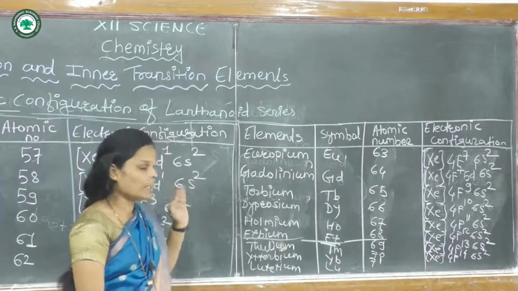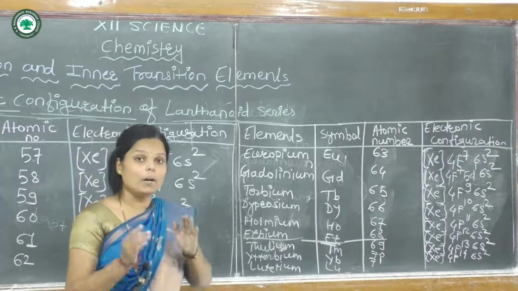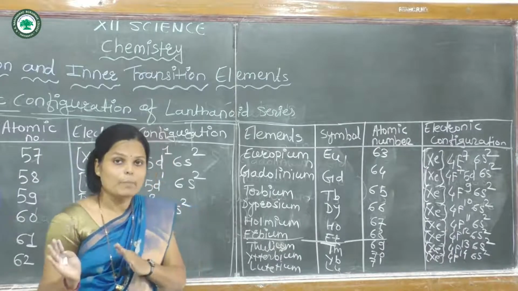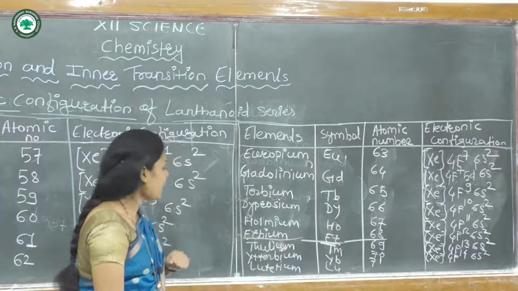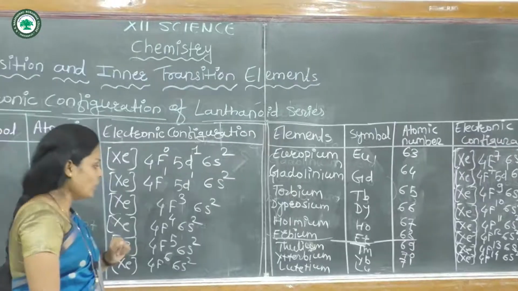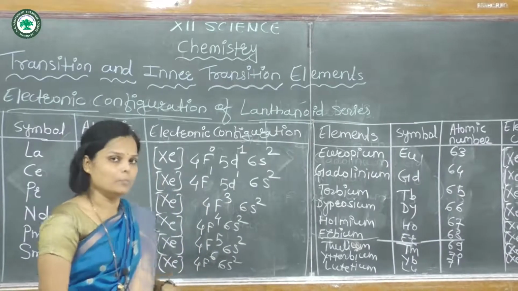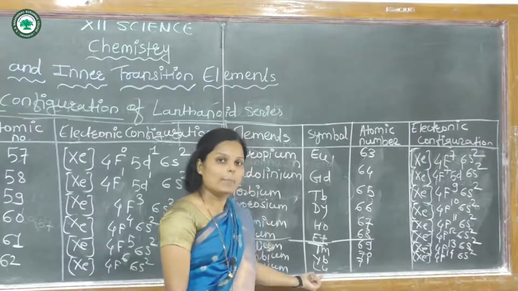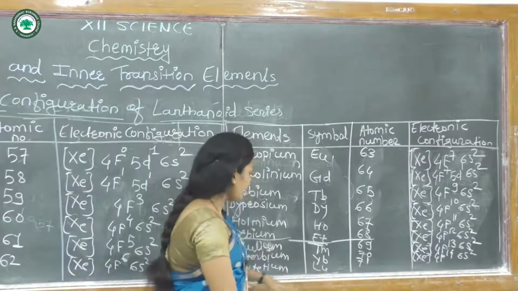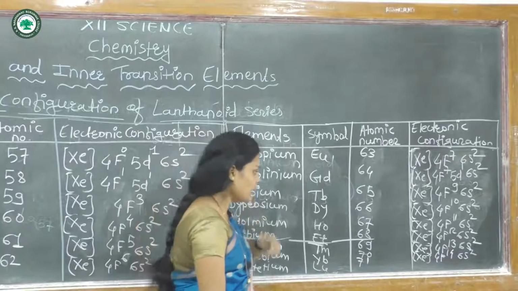In 4f14, the number of electrons is 14, and this element is completely filled in the series. Then the last element of the lanthanoid series is lutetium. The symbol of lutetium is capital L, small u, and its atomic number is 71.